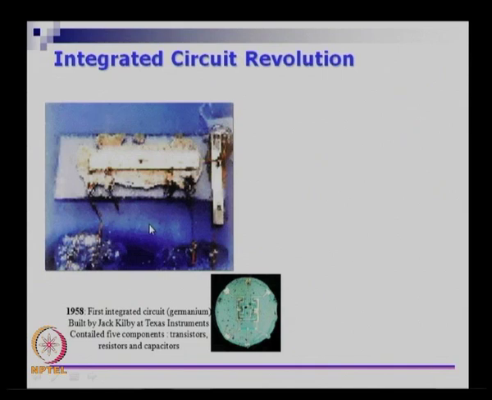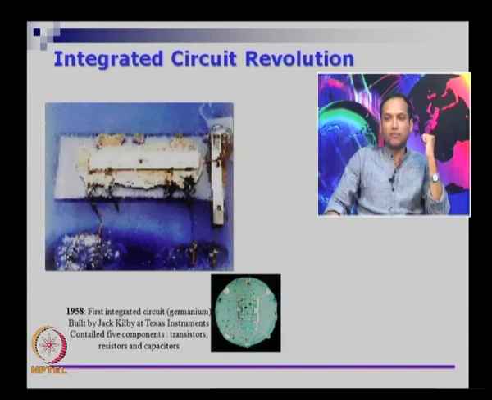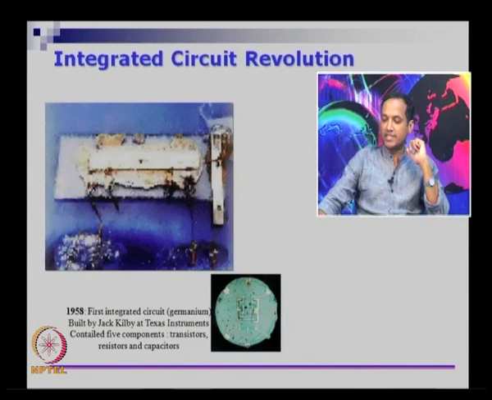He received the Nobel Prize for designing this integrated circuit. What it had was a few active components and a few passive components, that is all. Active components like transistors and passive components like resistors and capacitors, that is all it was, and this is quite bulky for something very simple.